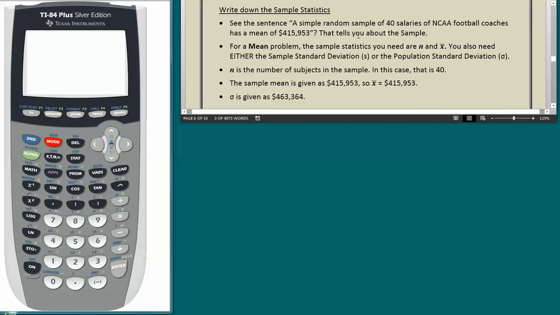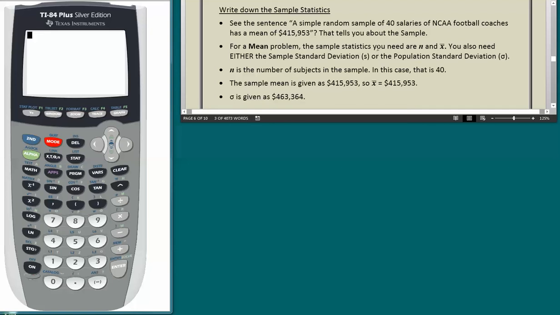So we're going to get our information from this. For a mean problem, the sample statistics that we need are n and x bar. We also need either the sample standard deviation, which is s, or the population standard deviation, which is sigma. So this is true of all problems where we're constructing a confidence interval for a mean.